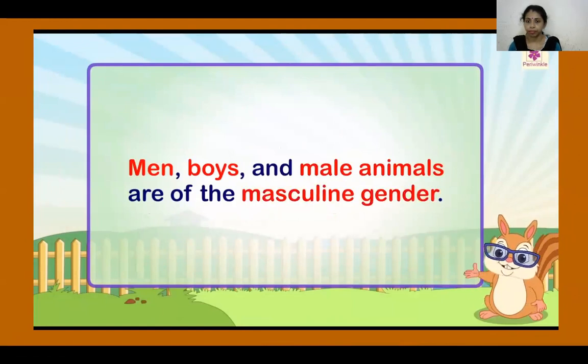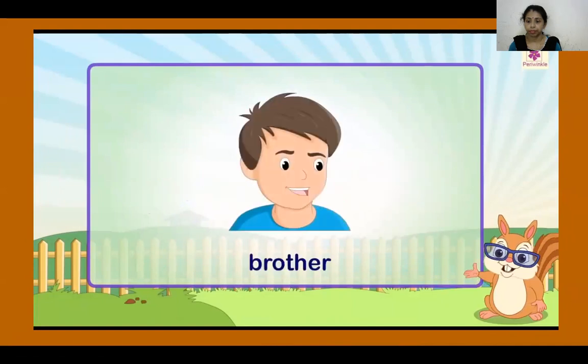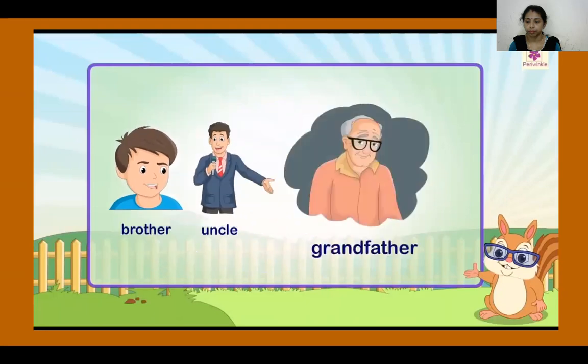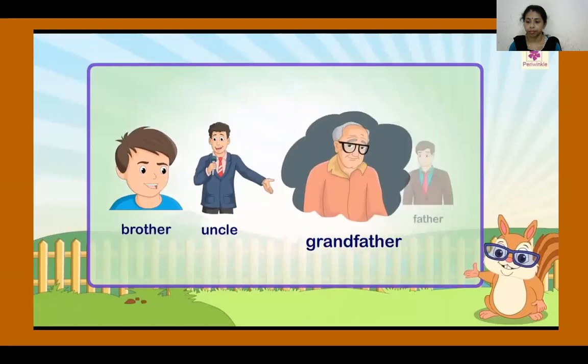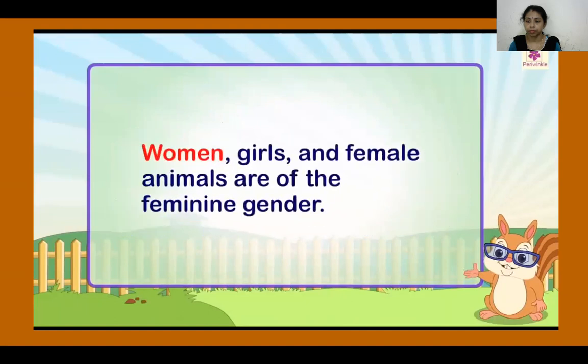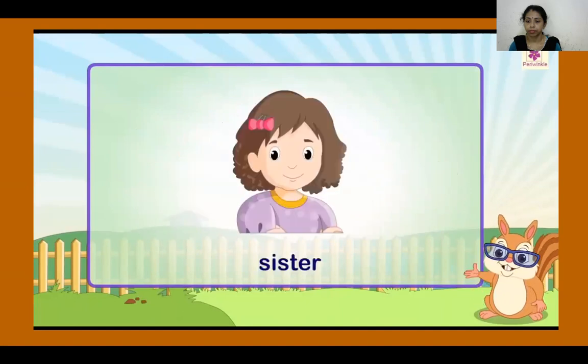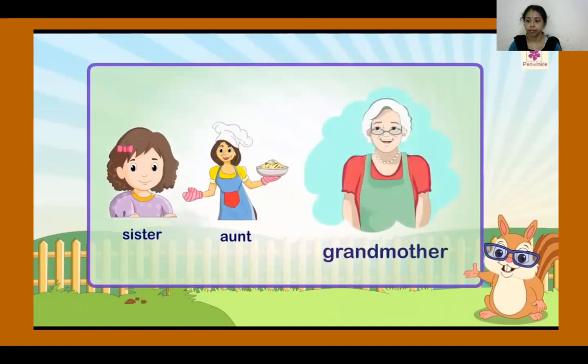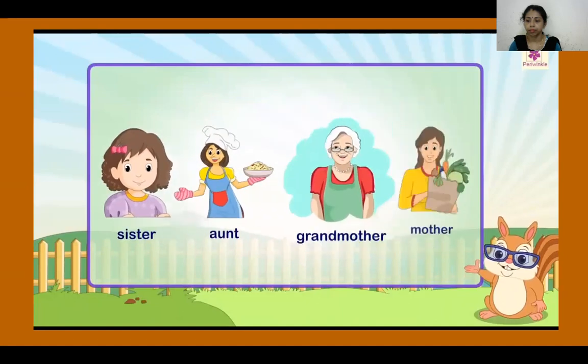For example, brother, uncle, grandfather, father. Women, girls, and female animals are of the feminine gender. For example, sister, aunt, grandmother, mother.